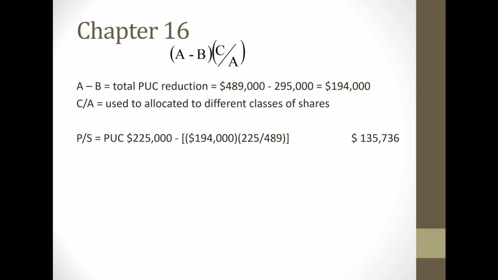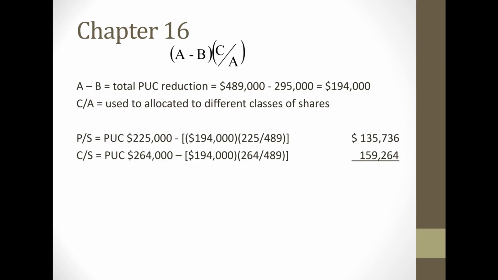That's the proration of how much of the PUC reduction we're going to allocate to the preferred shares. So if you work through the calculation, the legal stated capital of the preferred shares, $225,000, minus the reduction, the PUC of the preferred shares will be $135,736.